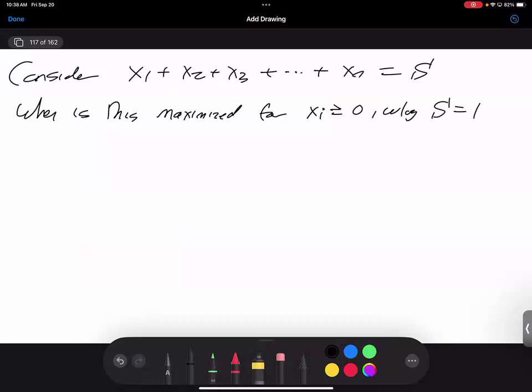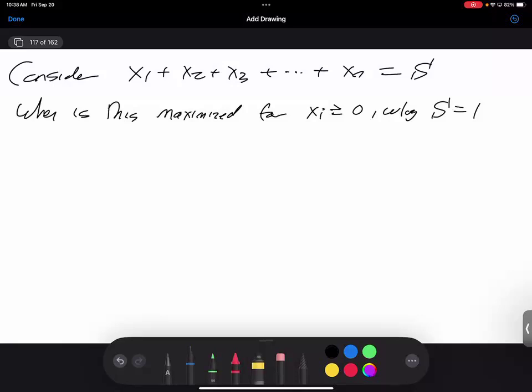When they're equal. What do you think must be true to be the largest when you have n things? They're all equal. Imagine two things weren't equal. Well, if those two things aren't equal, we can keep the sum constant by switching them.